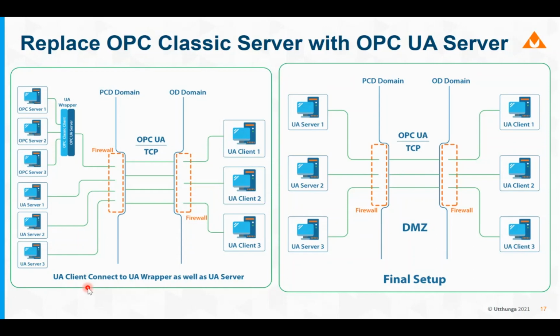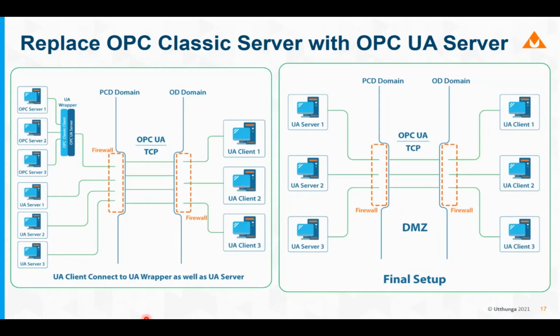Okay, and these UA clients, being UA clients, can connect to the wrapper as well. They can connect to the servers. They can create 2 sessions and start pulling the same set of data, and then you start doing the same set of measurements. You start finding out whether you are getting the same performance that you are looking for. You are getting the same scalability that you are looking for. Is it persistent?